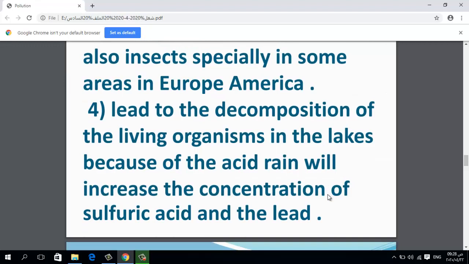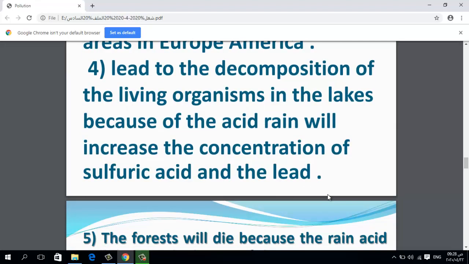So let us go to number 4: it leads to the decomposition of living organisms in the lakes, because the acid rain will increase the concentration of sulfuric acid. So now you can imagine if this acid rain falls in the lake, what will happen? Sulfuric acid will be more in this water, so that time the decomposition process will happen to all the living organisms.